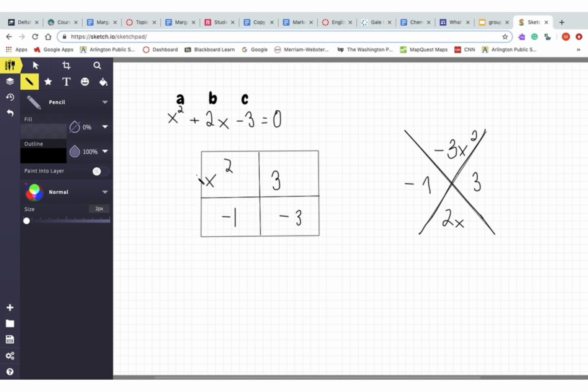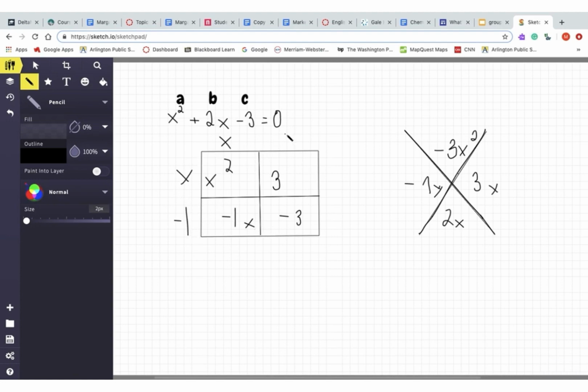So what times what is equal to x squared? X times x, which is also 1x, but you can just put x. Then we need to multiply x by something to give us negative 1x. So x times negative 1 would give us negative 1x.